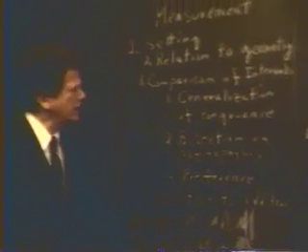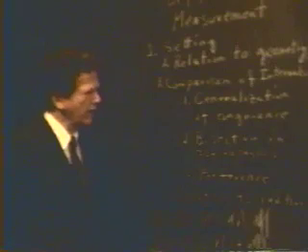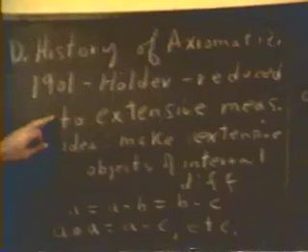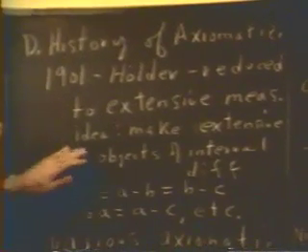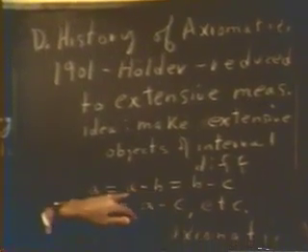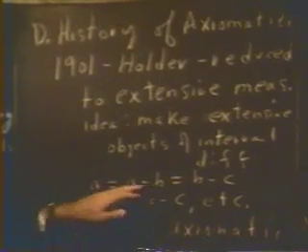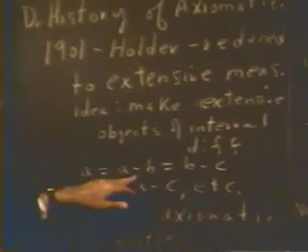I mentioned that there's this classical contrast between intensive and extensive measurement. It's interesting to note, and I don't think Campbell was at all aware of it, that in Hölder's classical paper on measurement of 1901, there's already a reduction of the intensive or difference case to extensive measurement. And the idea is very, very simple. Intuitively, you simply treat the differences as objects. Let's take these differences to be positive, which is the simplest case. So a minus b, thinking of it in real numbers, would be some positive real number.